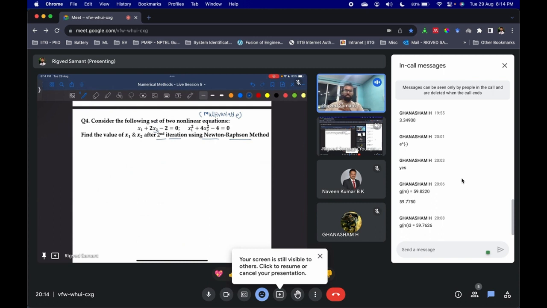Because here you cannot use this f0 f1, because of the interdependency. So I'll just see if I have this. Yeah, x naught is 1 comma 2, this one.